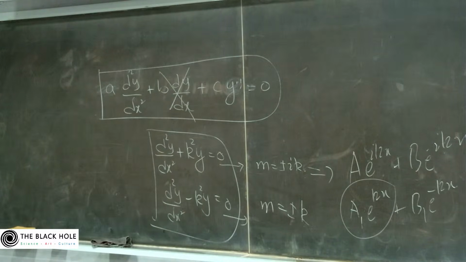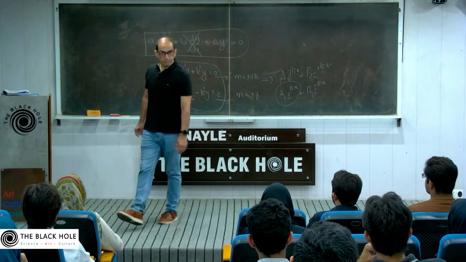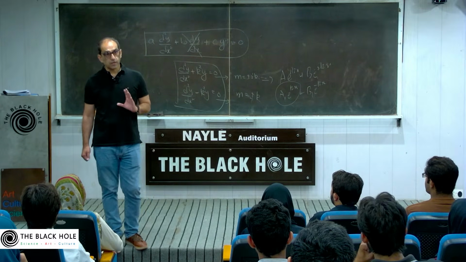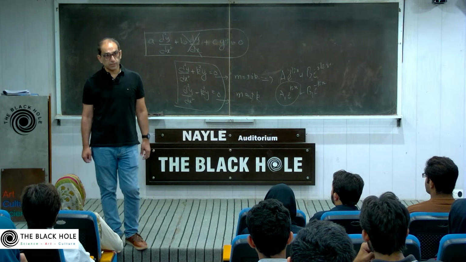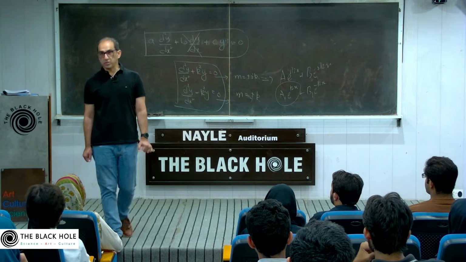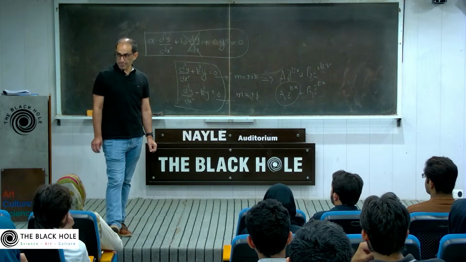For instance, if you write down the equations for electromagnetism, over there you actually get both these combinations. Can anybody tell why? Why do I get a product of an oscillatory function and an exponentially growing or decaying function?